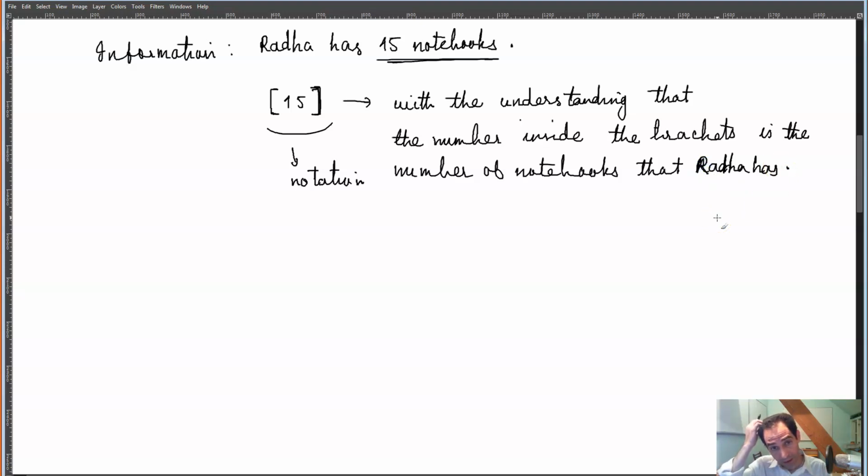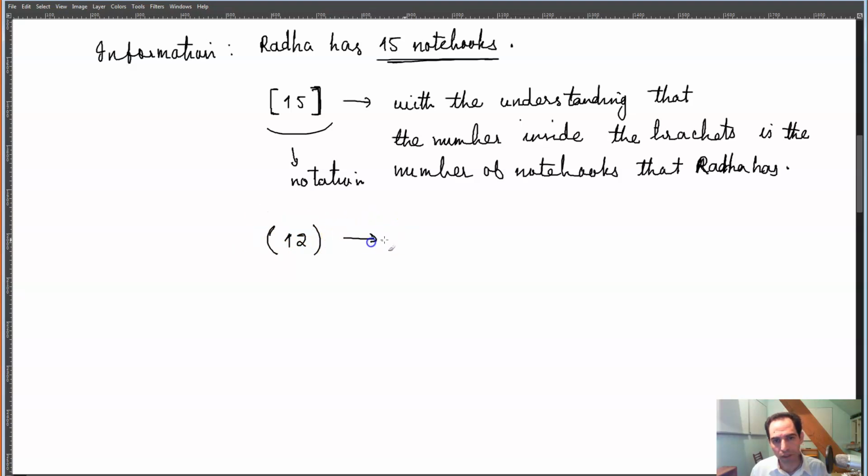And of course, if I had this kind of notation, I would be limited to a very low number of possibilities. If I wanted to express the number of notebooks that, for example, Sarah has, I would have to use another sort of bracket for Sarah, and write 12 this way.